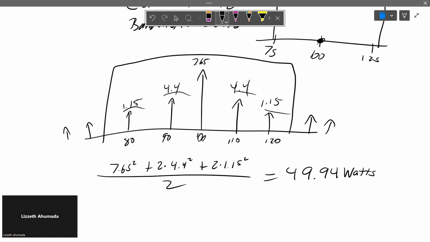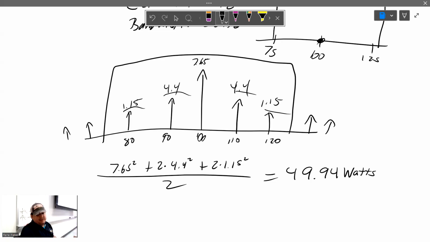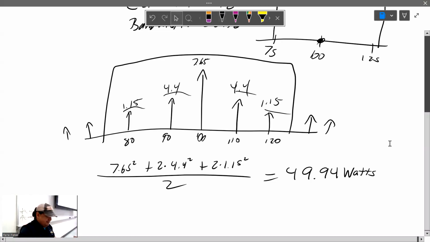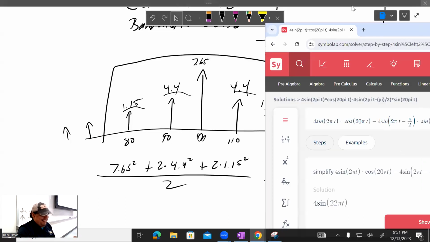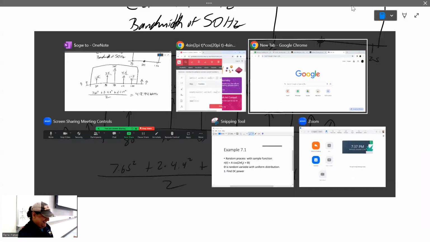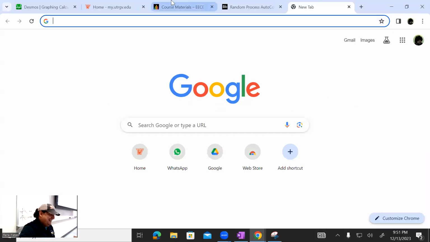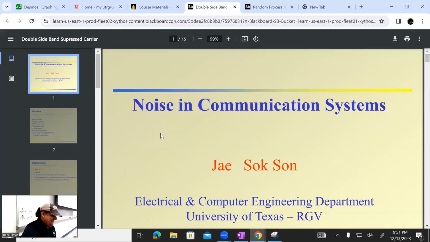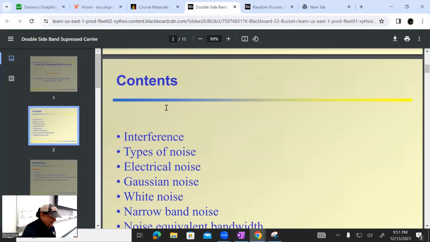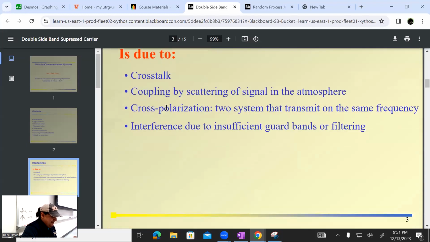Are we gonna go over noise? I don't know what to tell you about noise. It's part of the curve. Let's see what's in here. Let's put some of this on multiple choice.